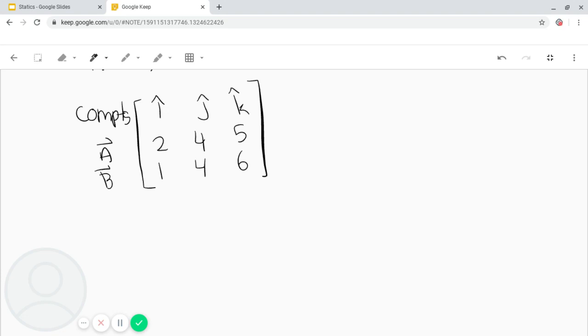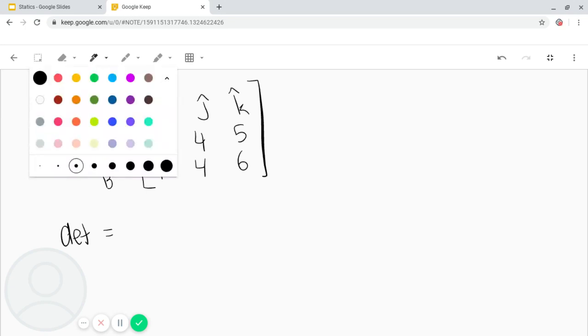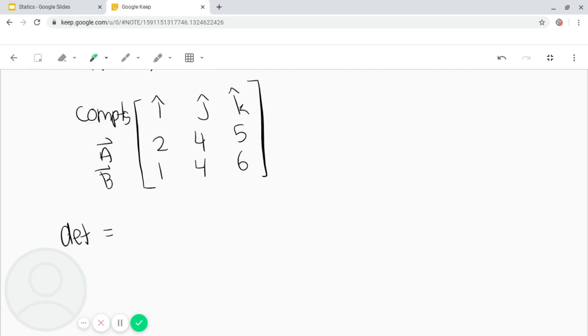Now we want to find the determinant of this matrix. So we're going to start with I. What we have to do for I is disregard the I column, and look at the determinant of this here.